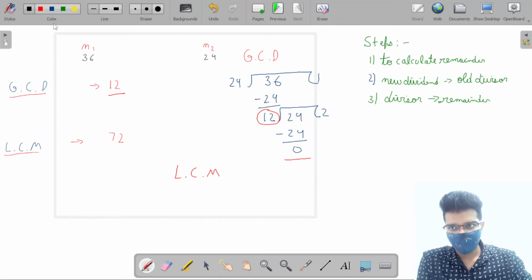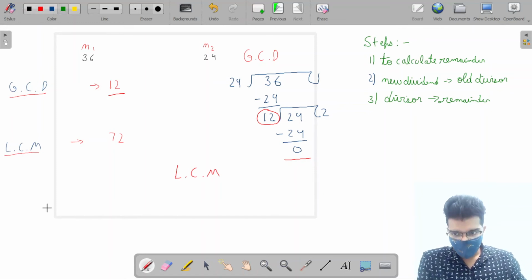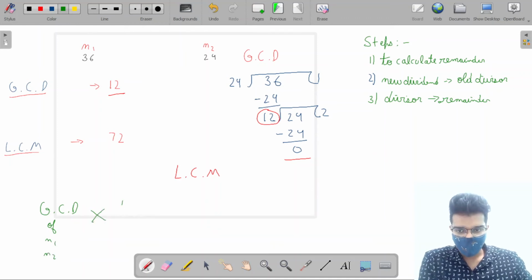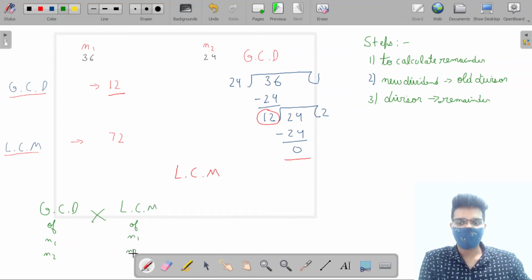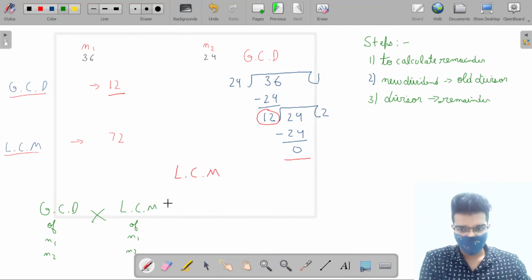If we multiply the GCD of n1 and n2, any two numbers, into the LCM of n1 and n2, that gives us n1 into n2.